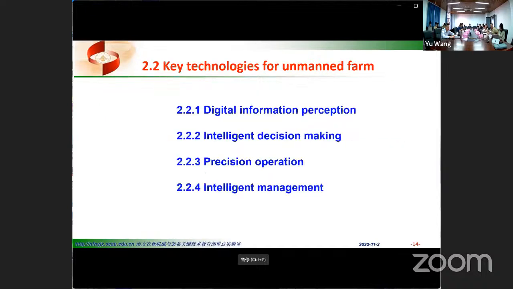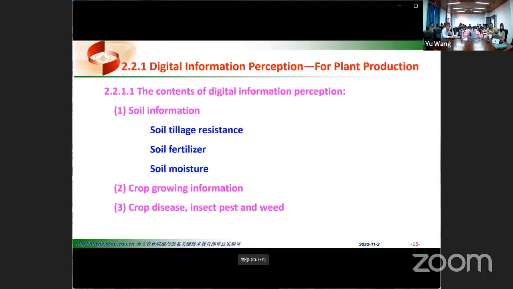There are 4 key technologies for unmanned farm, including digital information perception, intelligent decision-making, precision operation, and intelligent management. Take the planned production as example.